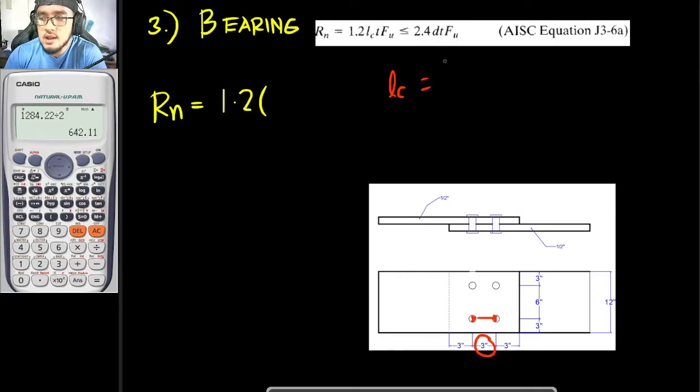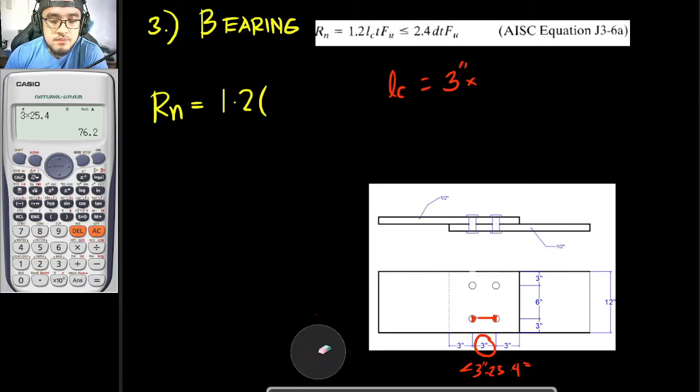So this is now to be equal to 3 inches times, convert muna natin pala sa mm. So 3 inches times 25.4. Using the calculator once again, so 3 times 25.4 is 76.2.